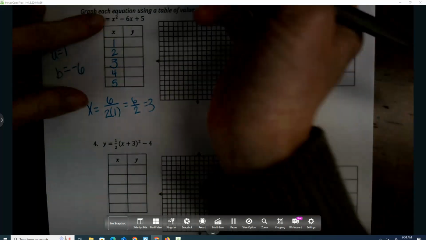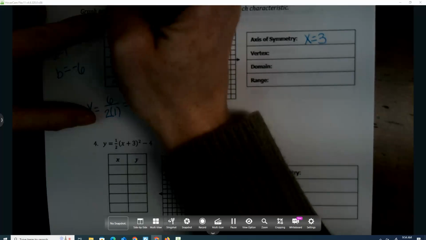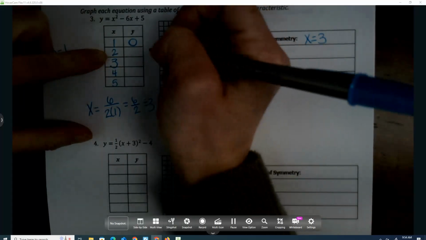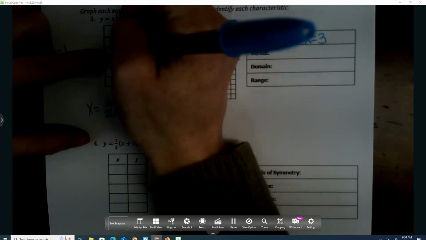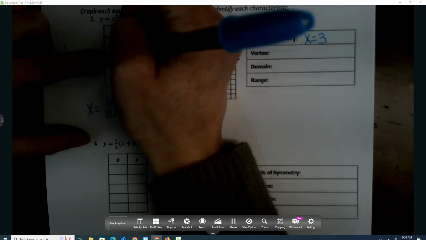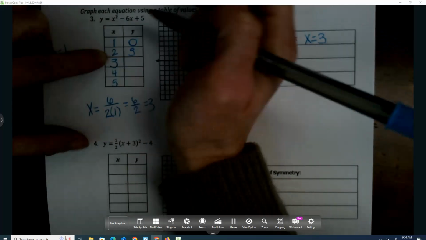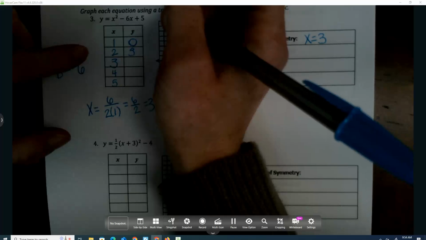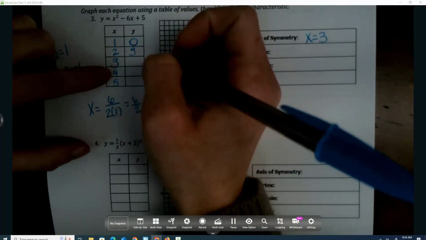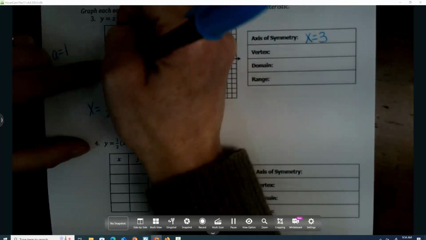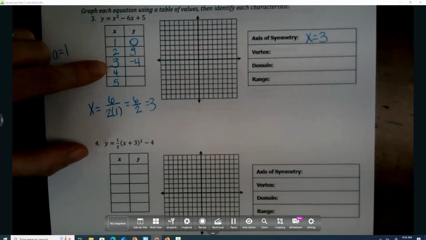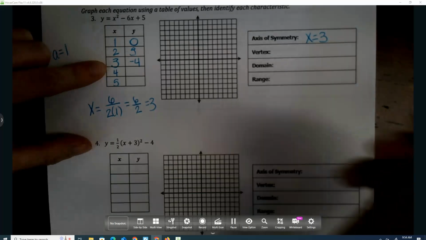All right, when you put in 1, what'd you get? My 2's, what'd you get? Was it positive 3? Okay. 3's, what'd you guys get? Negative 4. My 4's, what'd you guys get? Esther, what'd you get with 4?